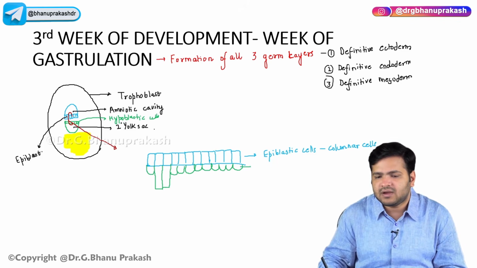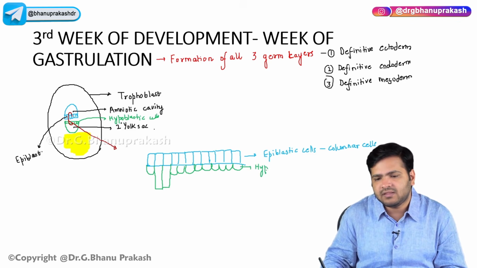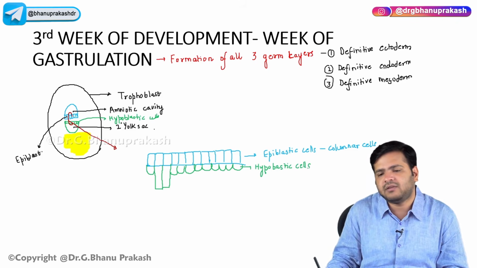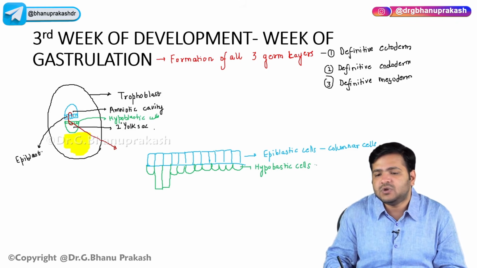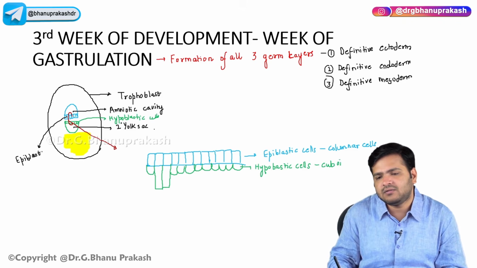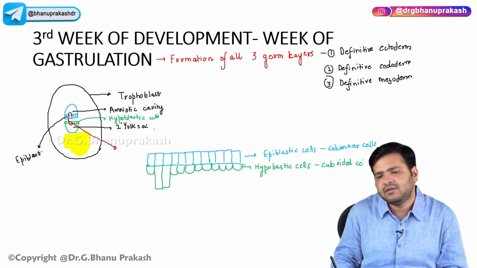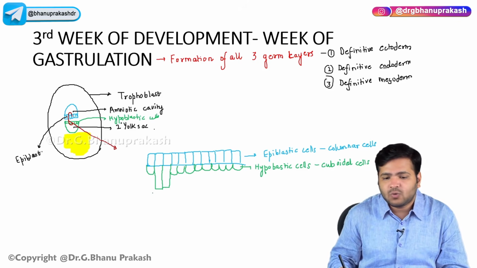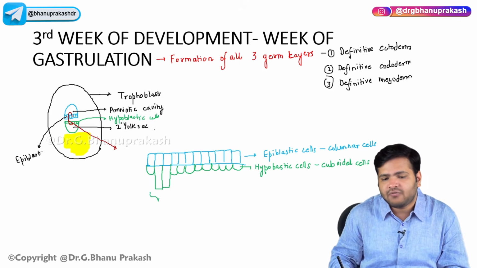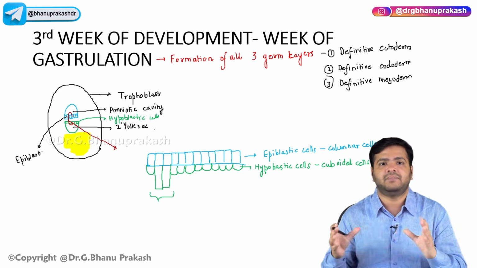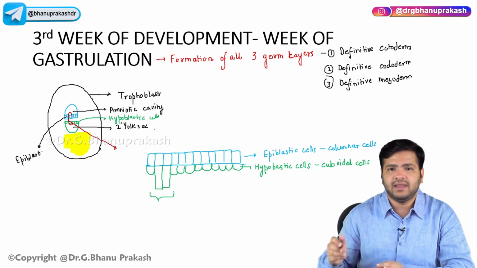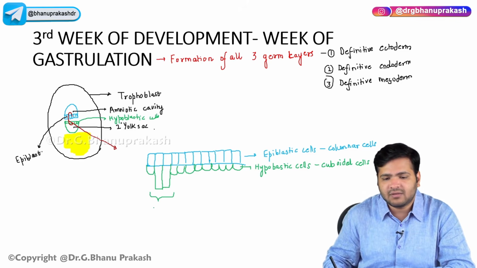So remember, these are the hypoblastic cells, and these are the cuboidal cells, and these hypoblastic cells at one end will take the shape of tall, elongated cells, and this is something which is called the procordal plate.